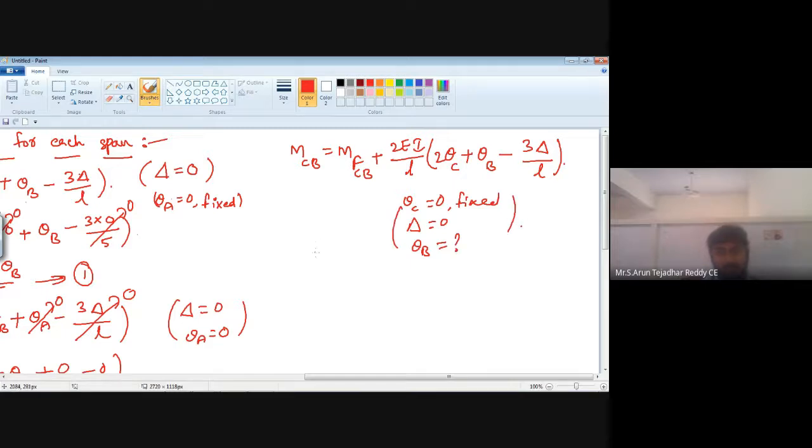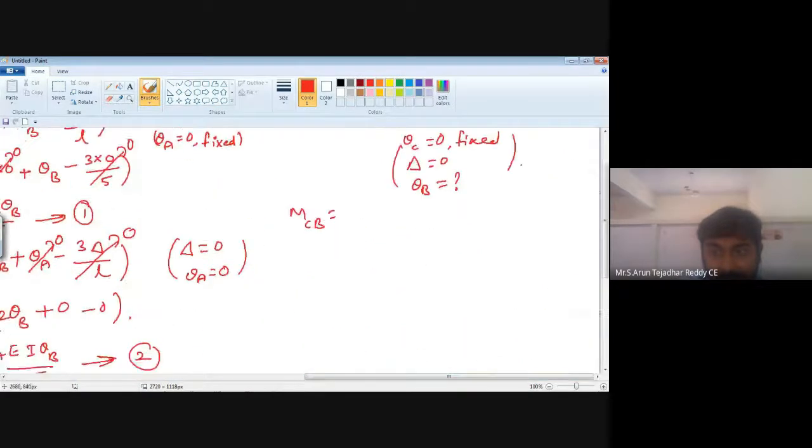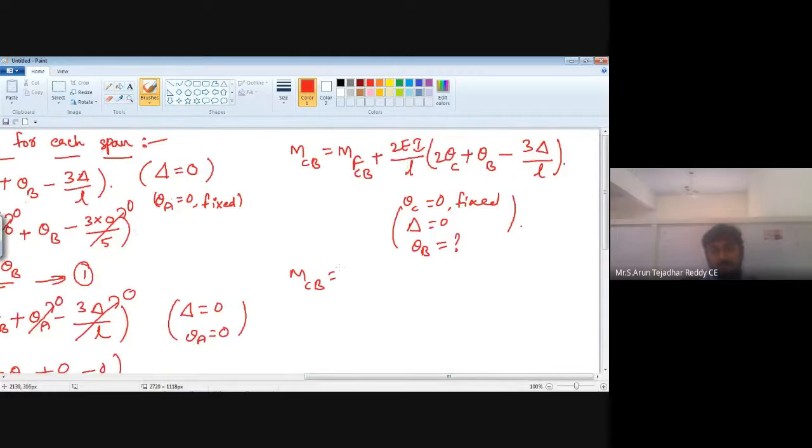Now we already know the value of MFCB. To substitute MFCB, what is the value of MFCB? 6.667. So 6.667 plus 2EI by L. L is 3 meter, and 2 into theta C is 0 plus theta B unknown, minus 3 into 0 by 3.